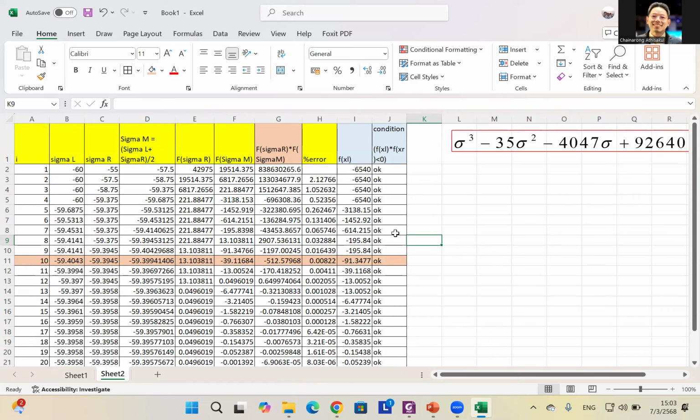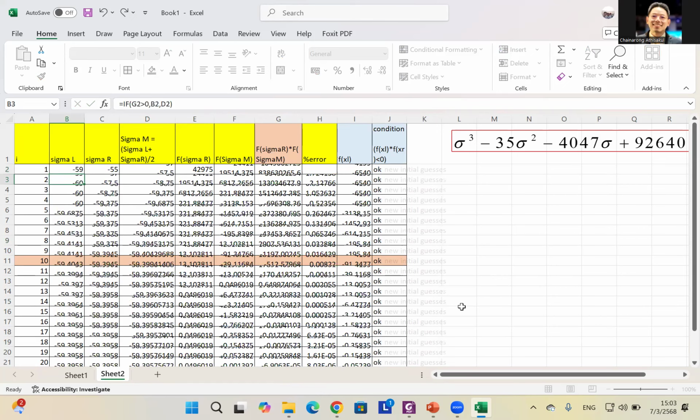But the value of x may not give us a good value of the solution, right? Okay. So if we would like to have a great value, we may set up maybe minus 59. What's happened?